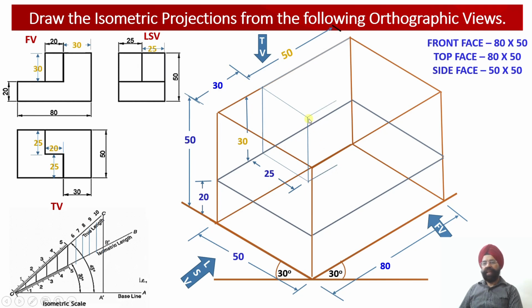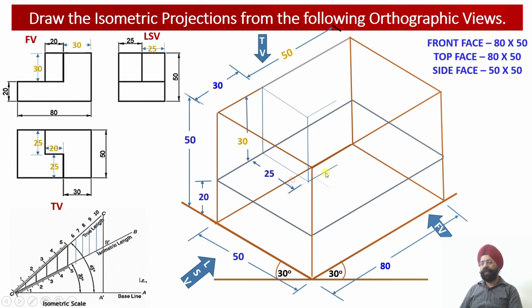So please check, this 20 millimeter distance I have drawn along the isometric line which is parallel to the z axis. So I am moving towards the rear edge, parallel to the z axis. So 20 millimeter back.